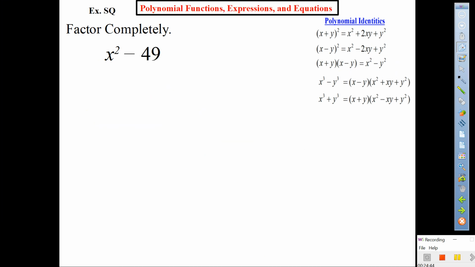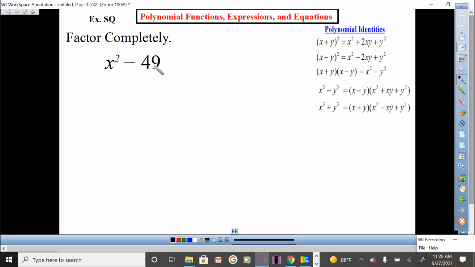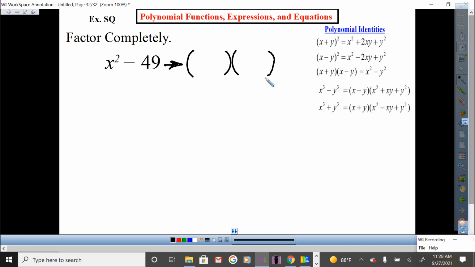Example, supercube. X squared minus 49. Check with the neighbor, see what they would write for that one. All right, what'd you get for this one, Valerie?